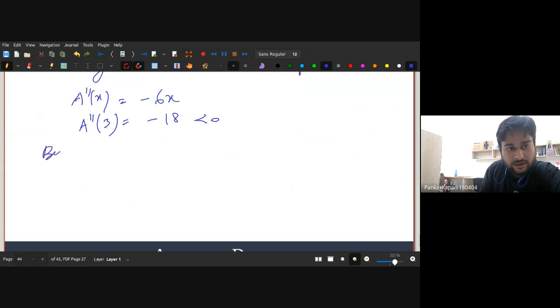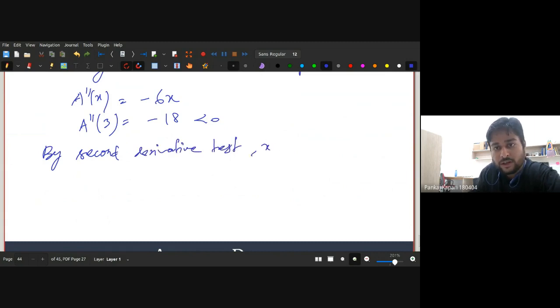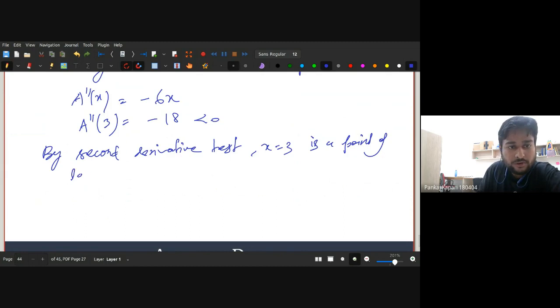So by the second derivative test, x equal to 3 is a point of local maxima.